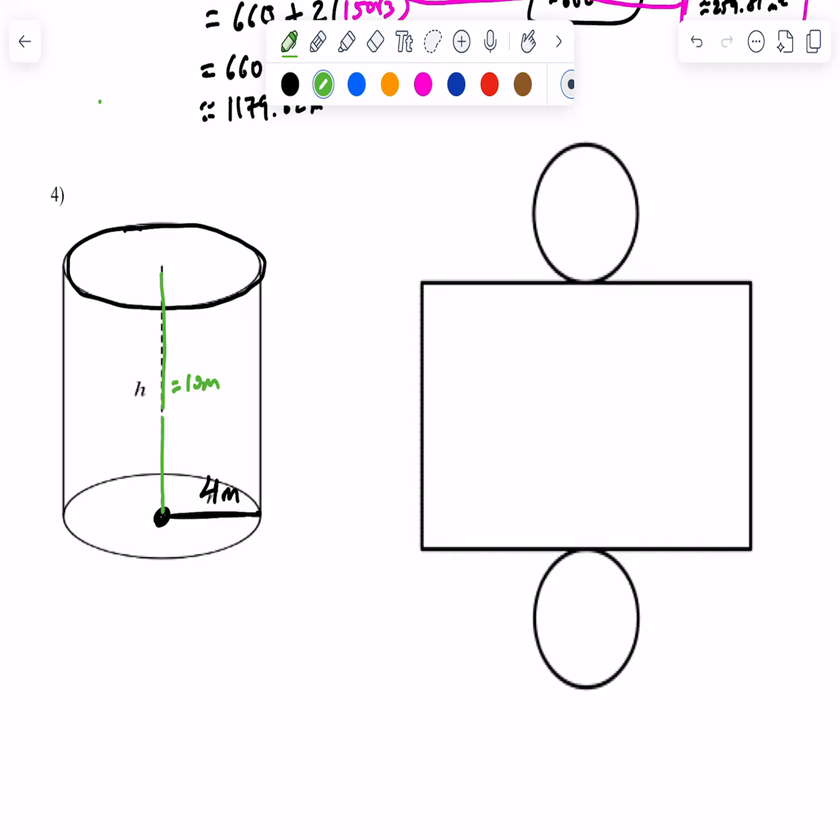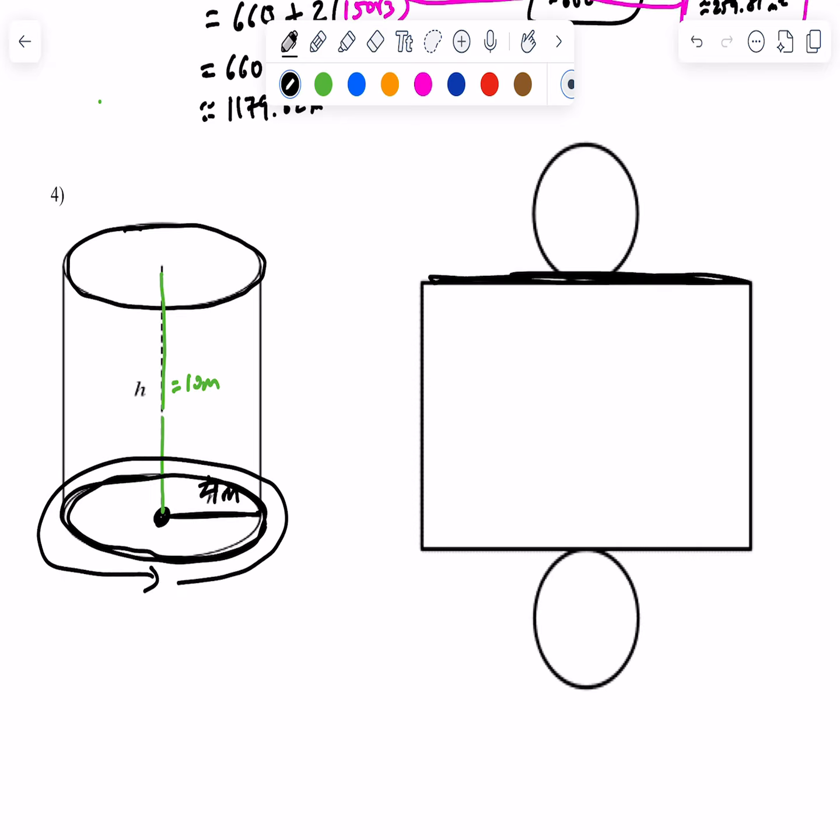So let's say we take this guy and we unwrap it. What is this distance around here? That's the perimeter of this guy, which is just the circumference of the circle, right? It's not 4 necessarily, it's just the perimeter of the circle.